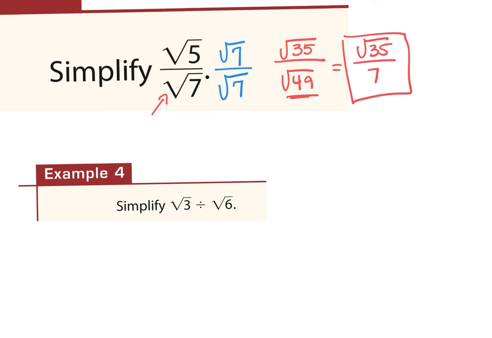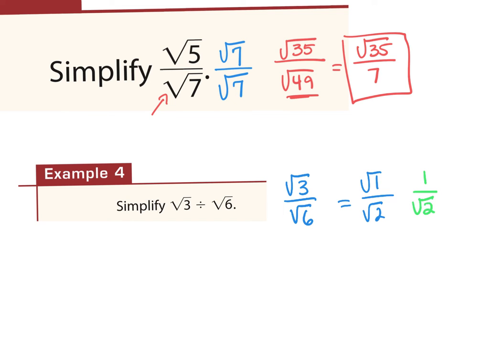Simplify the square root of 3 over the square root of 6. Now, if we write this one out, square root of 3 over the square root of 6, we can actually reduce it. 3 over 6 reduces to what? 1 over 2, right? Square root of 1 over the square root of 2. What is the square root of 1? That's just 1.